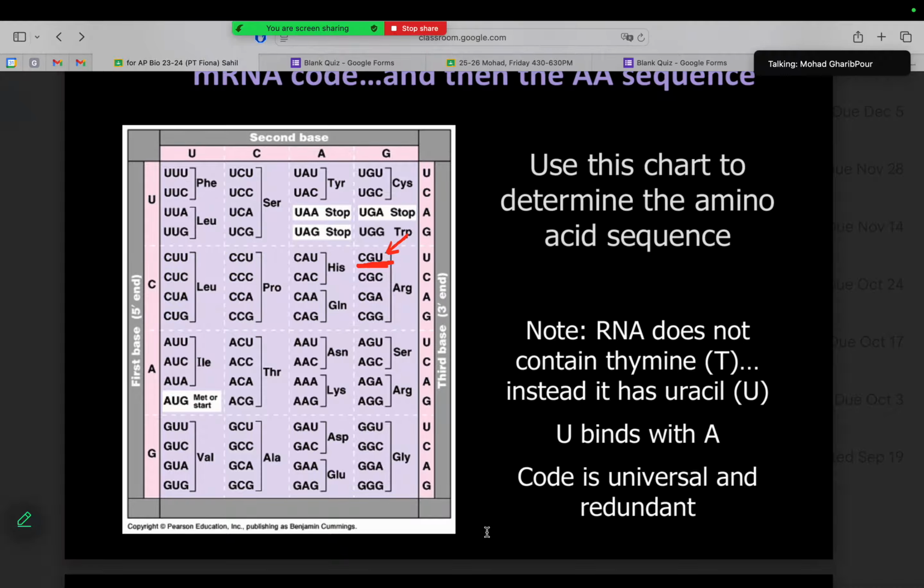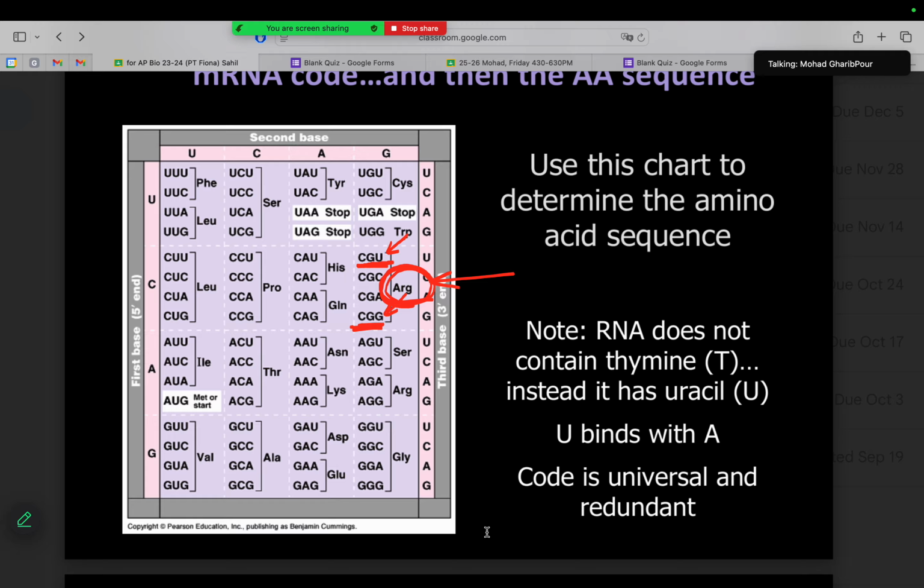Let's say it's mutated to G. Guess what? I'll still have the same amino acid being coded here. So this mutation will actually not make any difference in my life because my end product, which I care about, which gives me the phenotype, which again I care about, it's still arginine. It is the same thing.